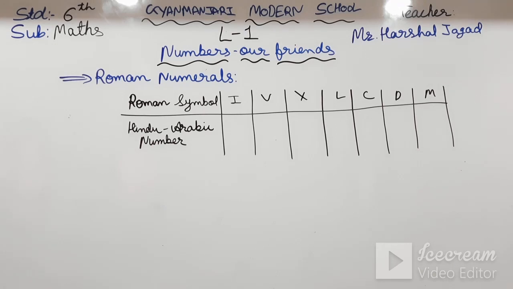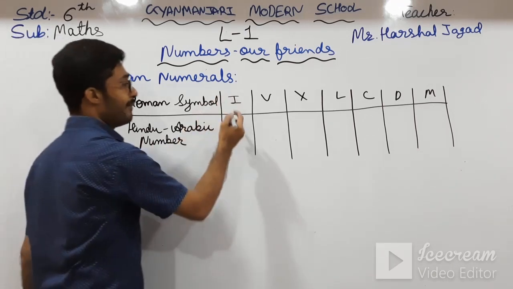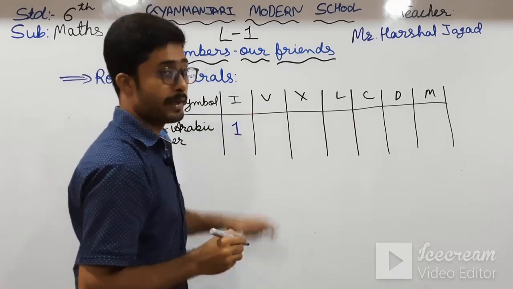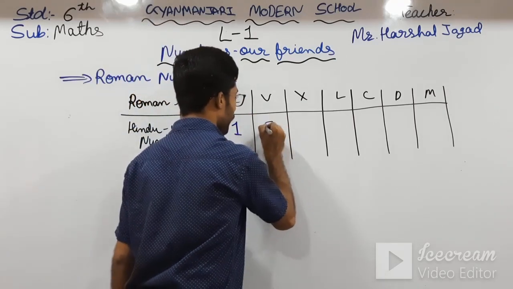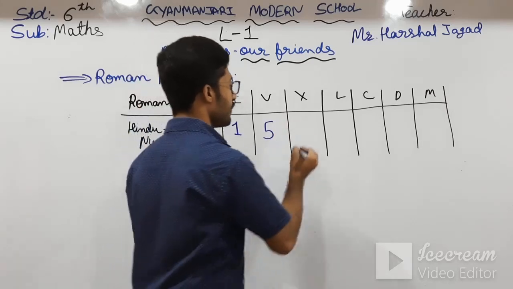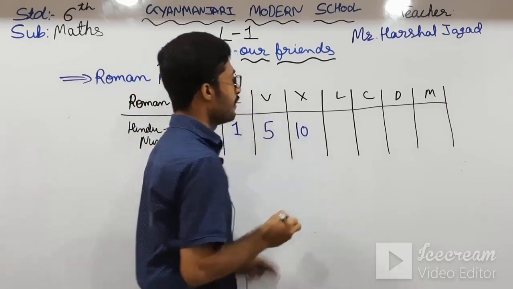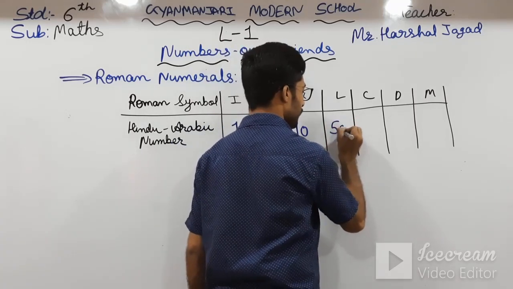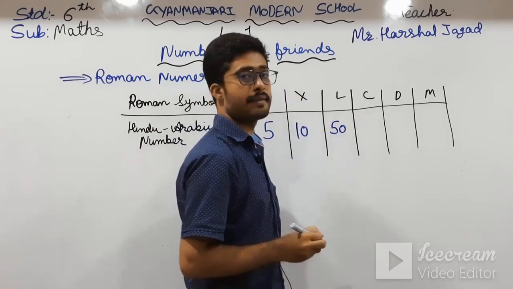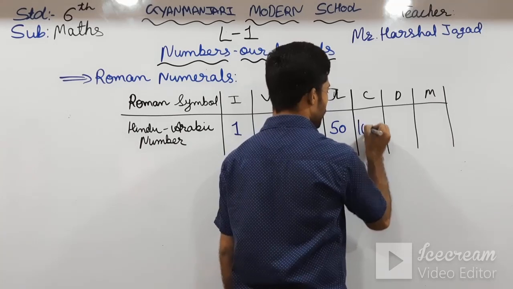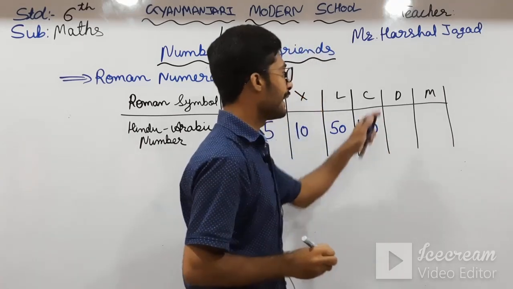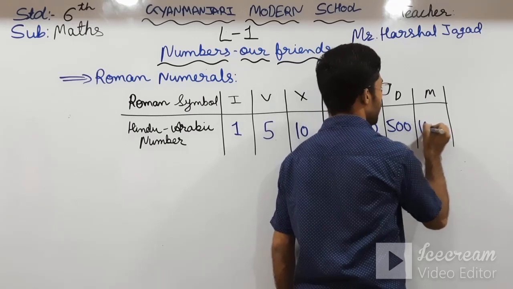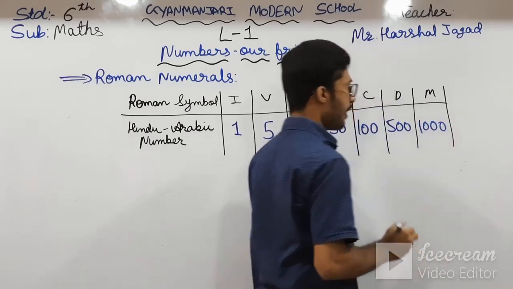Here I means 1, V means 5, X means 10, L means 50, C means 100, D means 500 and M means 1000.